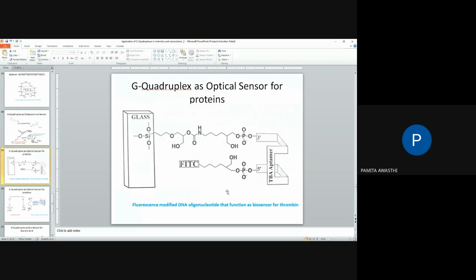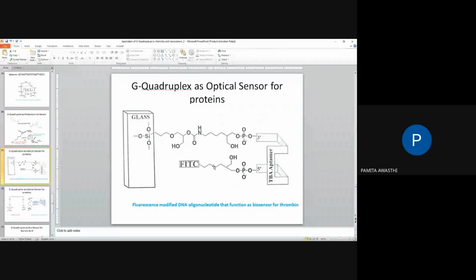This technique detects specific binding of thrombin in solution to the immobilized TBA ligand, as the protein DNA complex is much larger than the DNA probe itself. A significant change in the rotational diffusion ratio has been detected by the change in fluorescence anisotropy. This change is specific to both the protein and the thrombin binding aptamers.